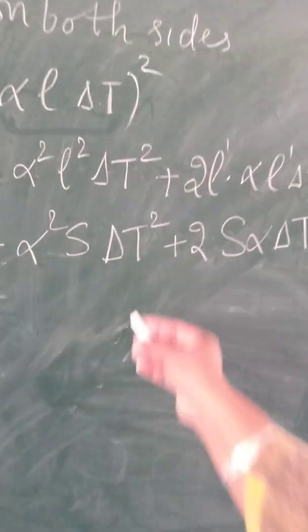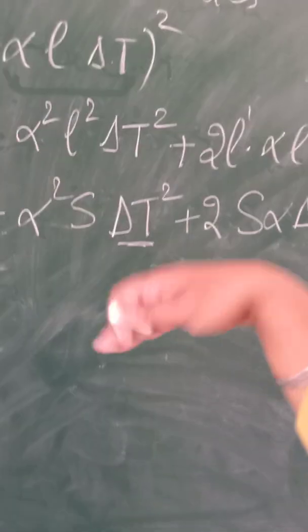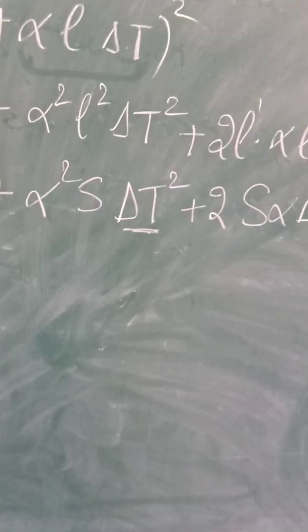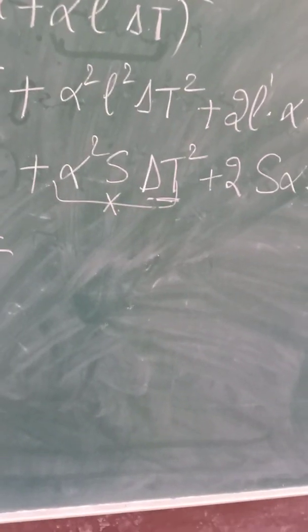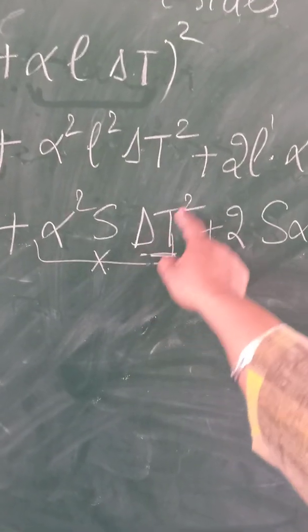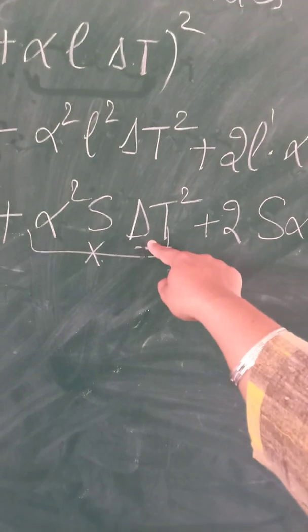As delta T is a very small temperature change, its square becomes very small. So this term we neglect, due to the square of delta T. Delta represents a very small change in anything.